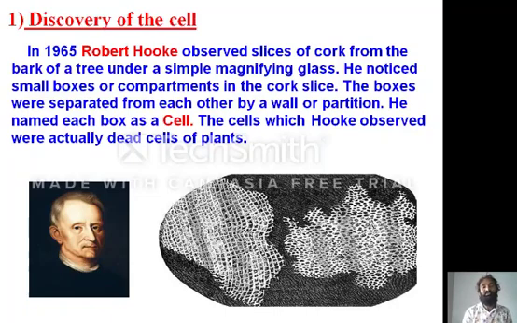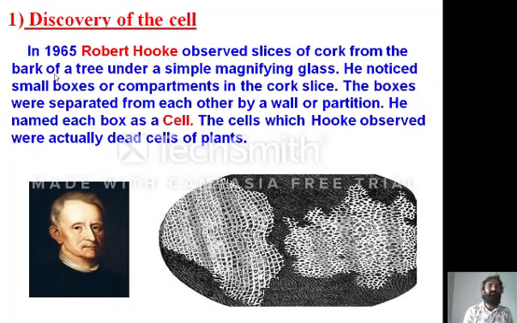The word cell is derived from cellula, a Latin word meaning a little room. The cells which Hooke observed were actually dead plant cells, because the bark of the tree is dead plant tissue.